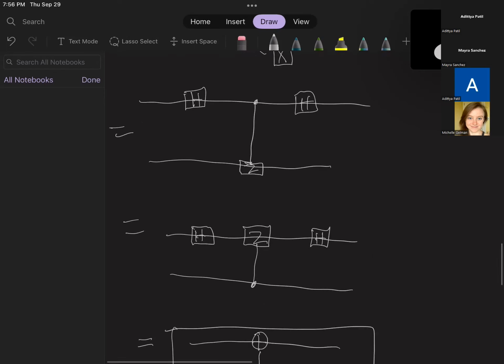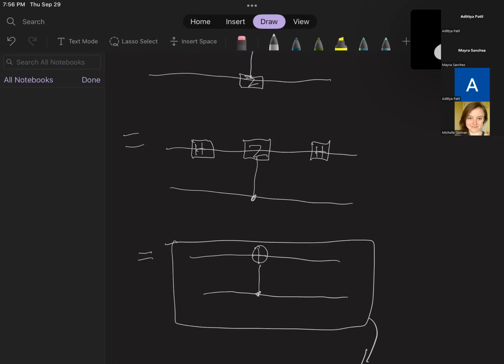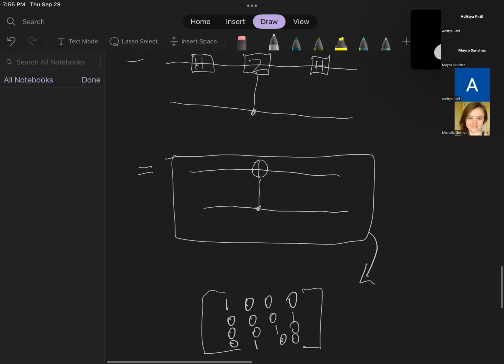Then we have HZH, which was also part of our identity, and that became an X gate. And there you go. See how it's flipped? Control is here, target's there.